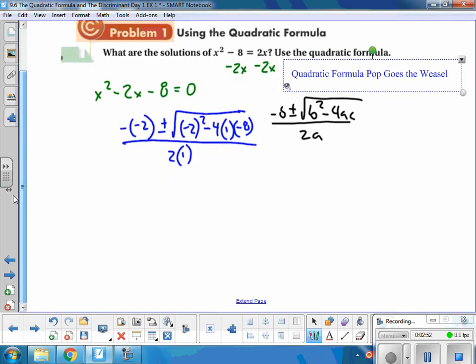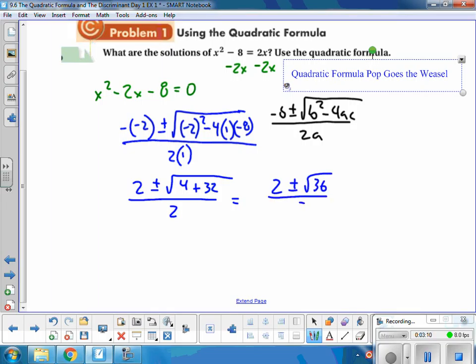When I simplify that out, I end up with 2 plus or minus the square root of 4 plus 32, over 2. That becomes 2 plus or minus the square root of 36, which is a nice number, over 2.